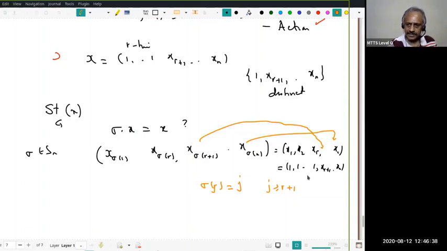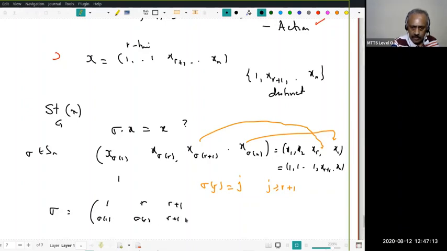They cannot change. But on the other hand, x sigma 1, x sigma r, they have to be 1, 1, 1. Therefore, this sigma 1, sigma r can be anything. Please pay attention. I want x sigma 1 to be 1, but it could be anything. Therefore, sigma is something like sigma 1, sigma r, and from r plus 1 onwards, j is j, n is n.